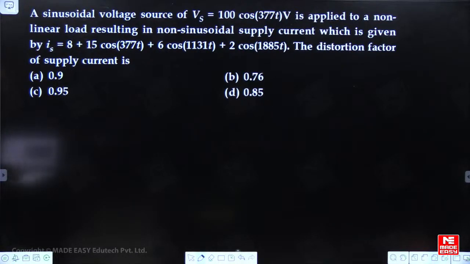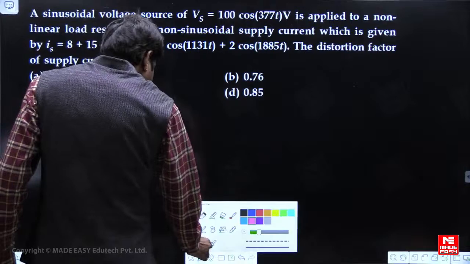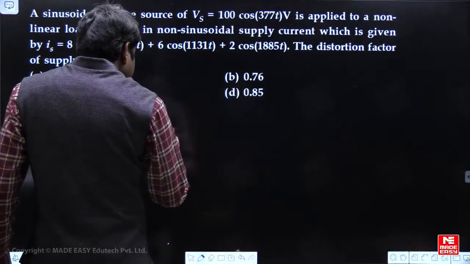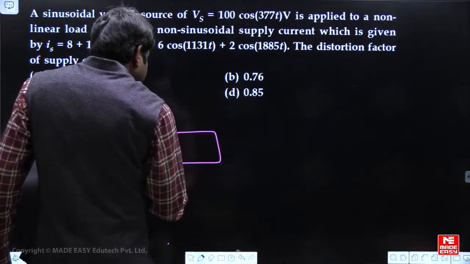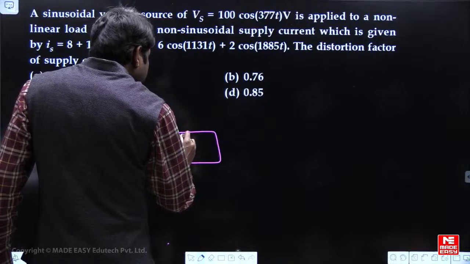A sinusoidal voltage source is given. It is applied to a non-linear load resulting in non-sinusoidal supply. So look here, this is a non-linear load.